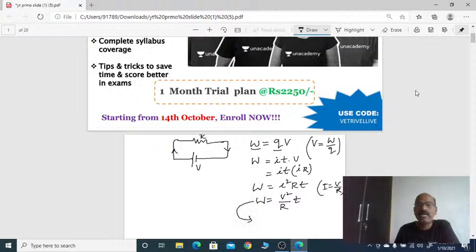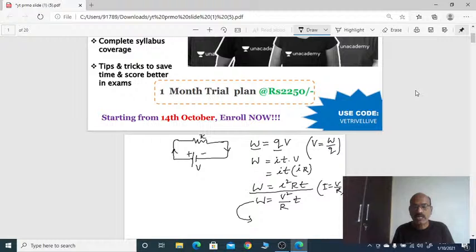This work done appears only as thermal energy, produced in the resistance in the form of heat, whenever we apply the external source. So the work done to move the charge when we apply the external voltage, positive and negative, over this entire circuit is Q into V. Q we can write as IT, so W equals I square RT.